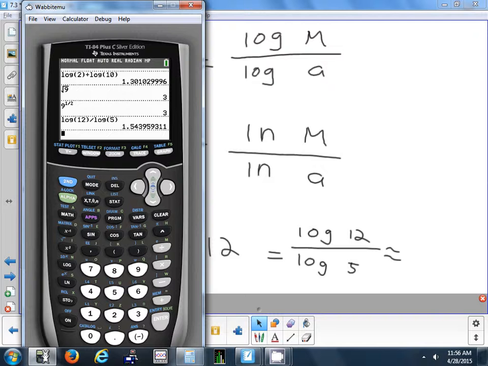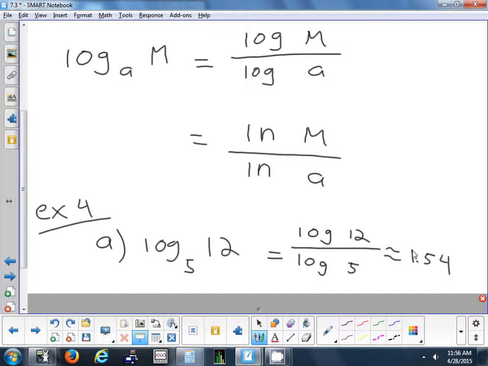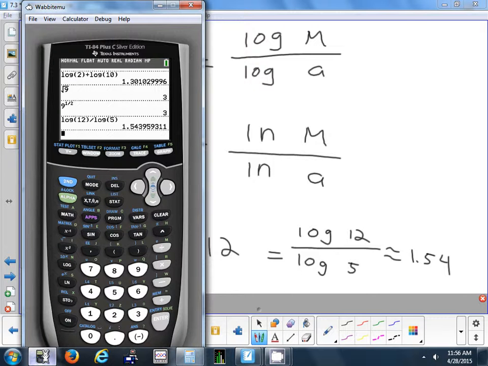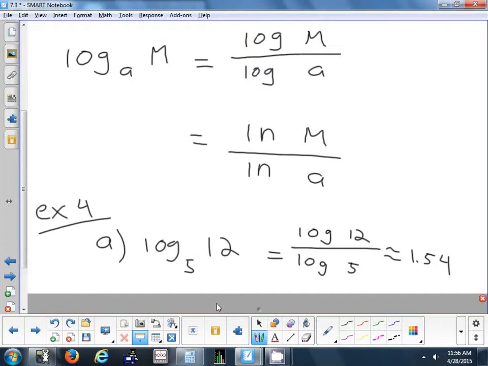Everybody get about 1.54? That is the correct answer. Some of you might have decided to type it in using the ln button. That's also fine. Natural log of 12 divided by natural log of 5, exact same thing. Just have to remember, the argument goes in the top. The base is the one that goes in the bottom.